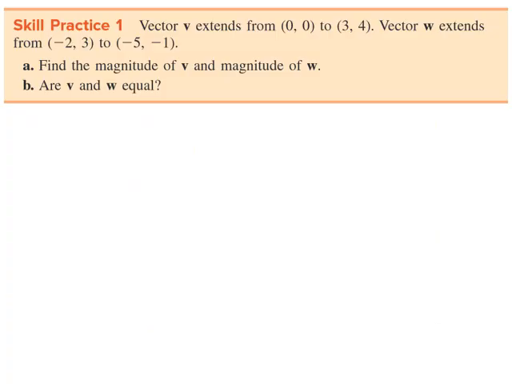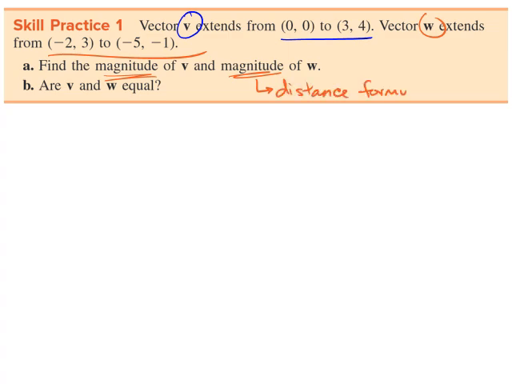Let's try this. In this example, we are given the starting and ending points of two vectors, vector v and vector w, and we want to find the magnitude of each of them and identify whether or not the two vectors are equal. To find the magnitude, it's basically the distance formula, and hopefully you remember that from your previous classes.